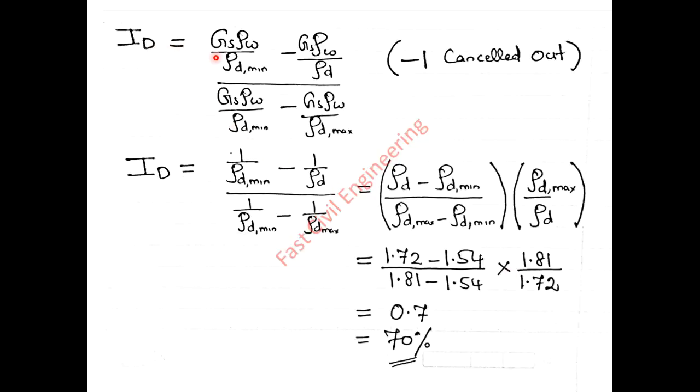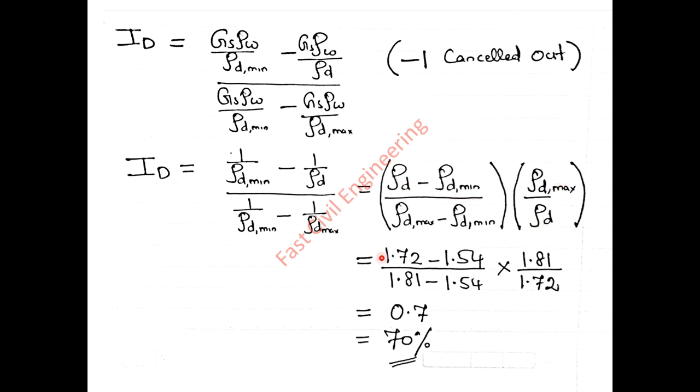And substitute for E max, E, and E min. Substitute these values, minus 1 cancels out. This ID equation becomes rho d minus rho d min over rho d max minus rho d min, into rho d max over rho d.